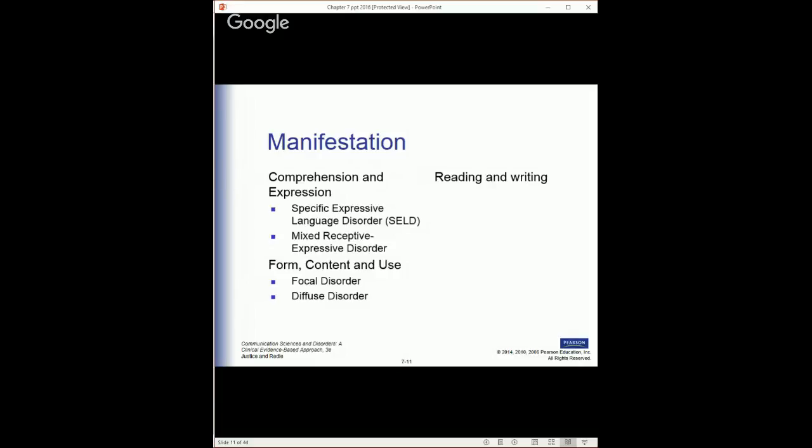Language disorders can manifest themselves in reading and writing, in the areas of decoding, which involves applying alphabetic principles in an alphabetic language such as English, Spanish, or French to identify the spoken word that corresponds with a written word.